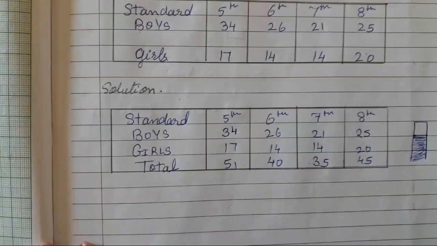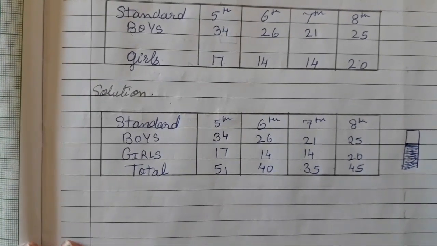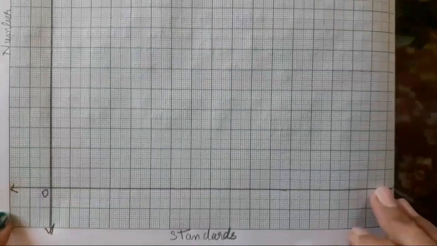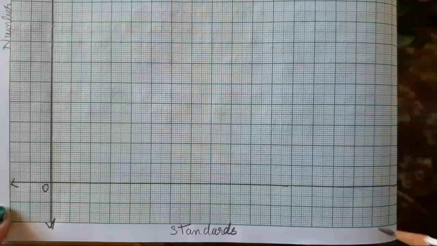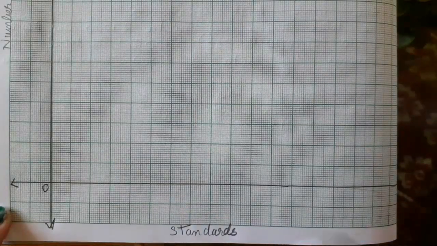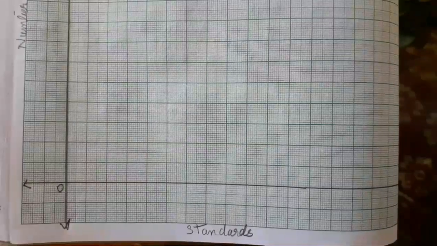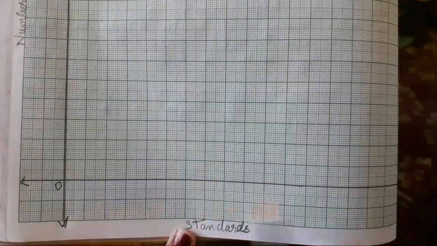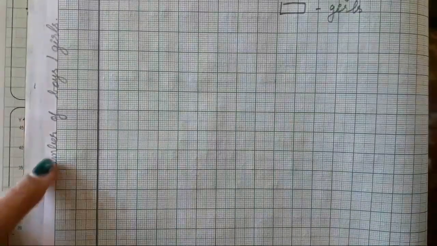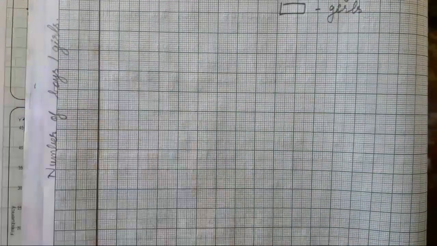Now let's move to the drawing of the bar graph. I hope everyone knows how to draw an x-axis and y-axis. I have left 2 centimeters from both the sides. Mark it as 0. For the x-axis, I am going to take the standard. For the y-axis, I am going to take the number of boys versus girls.